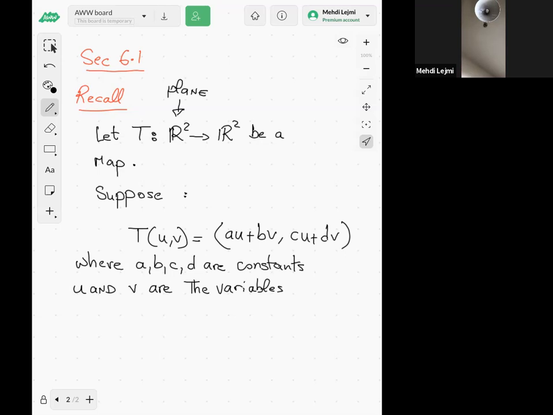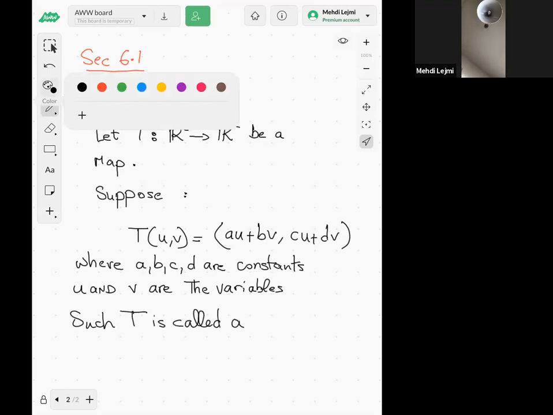So such a map T is called a linear transformation.